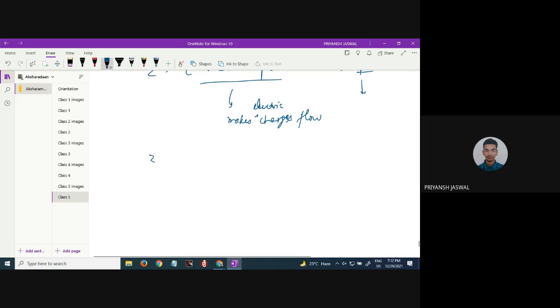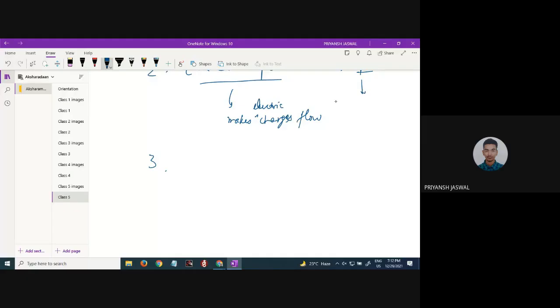Third thing we studied is circuit diagrams, or you can say schematic diagrams. These are symbols which we use instead of the actual picture of an electrical component to show in an electric circuit.